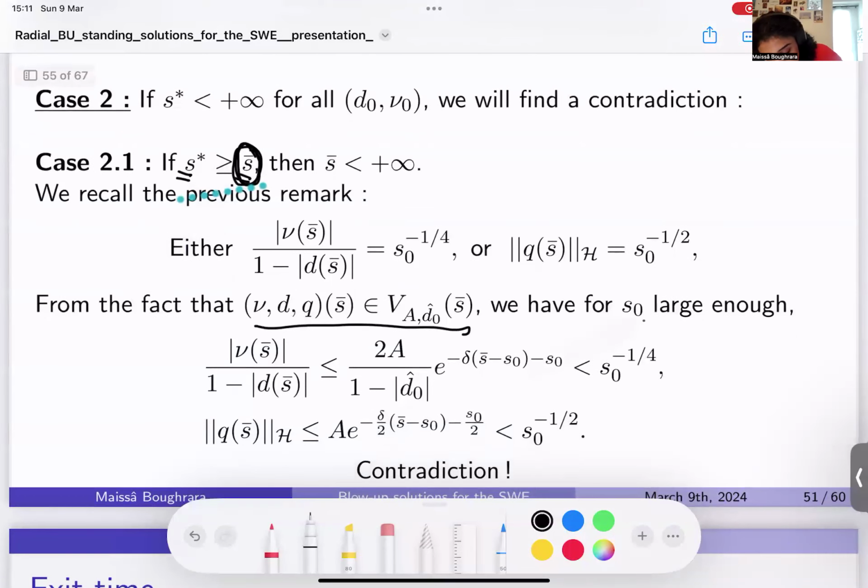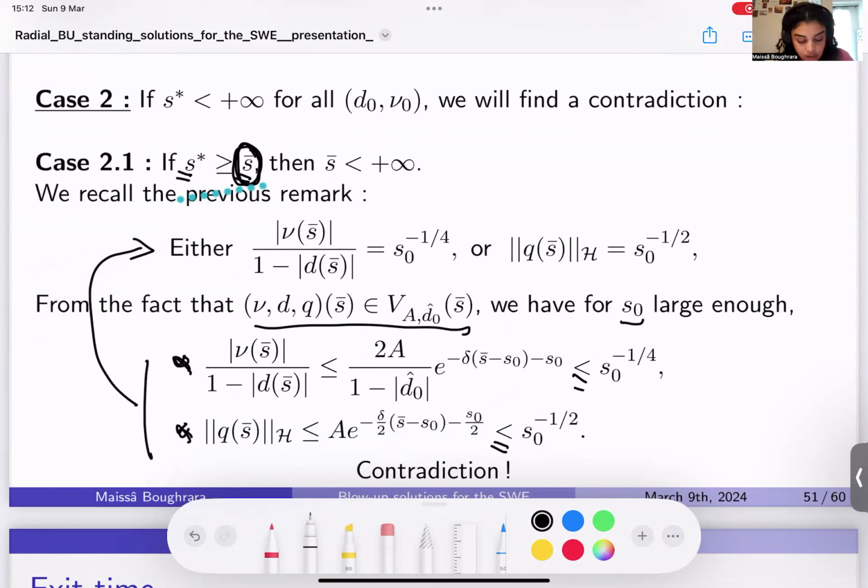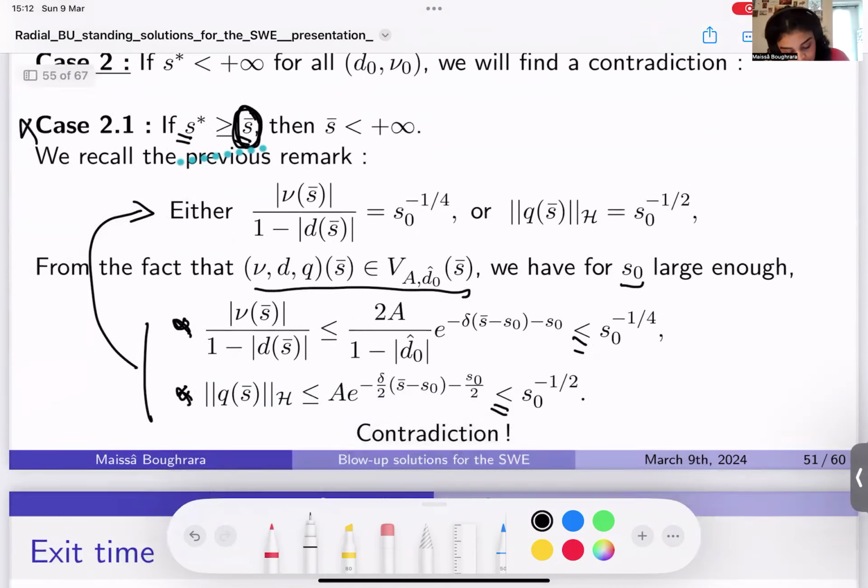So if we take S0 large enough and use just some kind of computations, we will actually show that this quantity is strictly less than S0 to the power minus 1/4, and this quantity is strictly less than S0 to the power minus 1/2. And this contradicts these equalities. So this case 2.1, it's not possible.